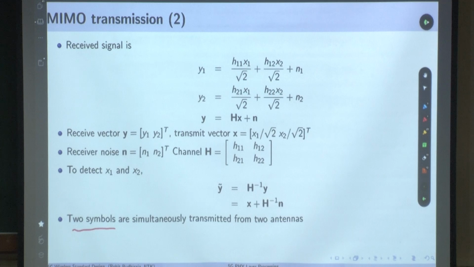So what has the base station achieved? It has basically doubled the data rate, by using the fact that the user has two receive antennas. Earlier also the base station had two transmit antennas, but the UE had only a single receive antenna, so it could not do this, and the data rate was not doubled.